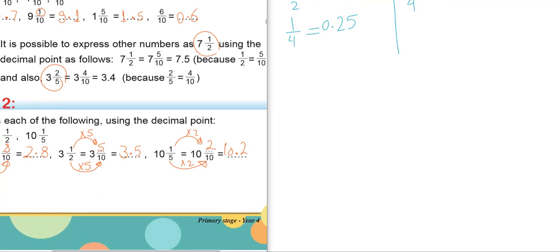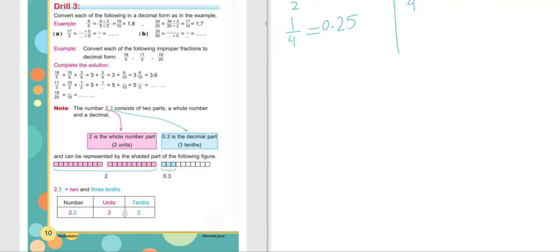Drill 3, convert each of the following in decimal form as in the example. Example: 9 over 5 equal 9 times what and 5 times what? 5 times 2, because we want the denominator equal 10.